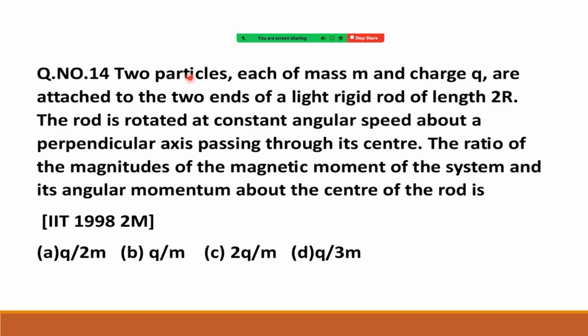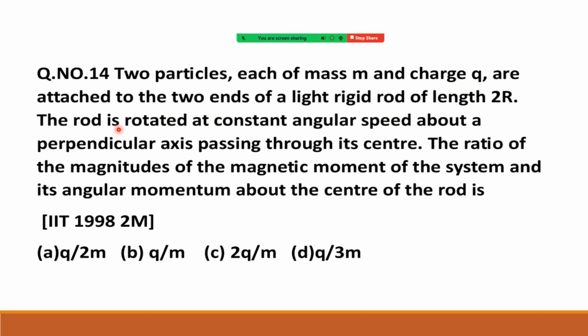Now the only change is having two particles, each of mass m and charge q, attached to the two ends of a light rigid rod of length 2r. That means each particle is following a circular path of radius r, right?